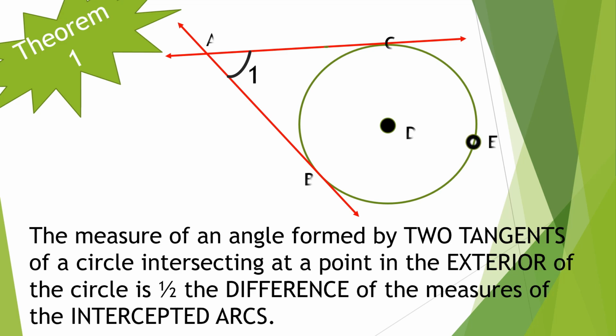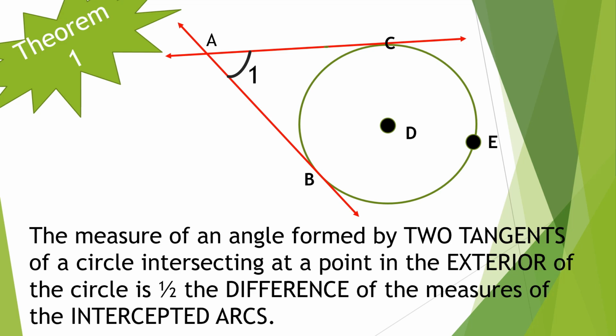Let's see, for instance, we have here point A. This is the exterior point of the circle where the two tangents meet. We have point C, a point on the circle or the point of tangency, and point B is also a point of tangency, and we have circle D, and a point on the circle which is E. To get angle 1, theorem 1 states that it is 1/2 the difference of the measures of the intercepted arcs.